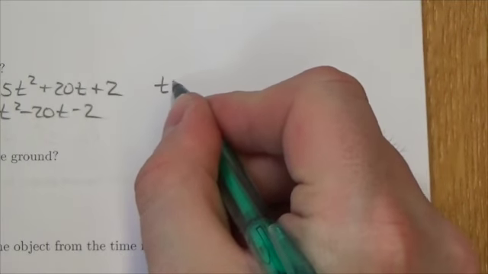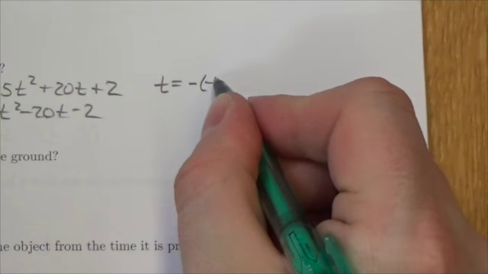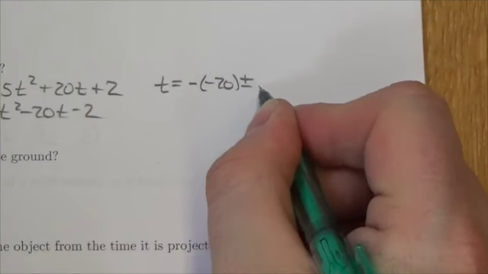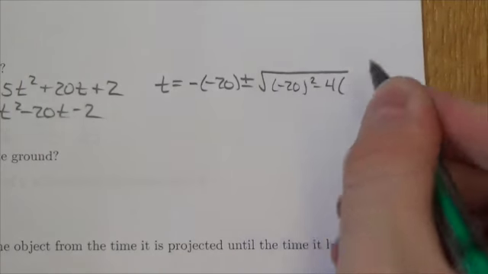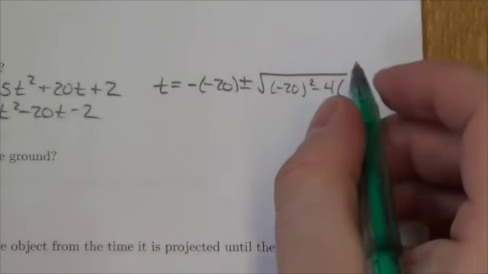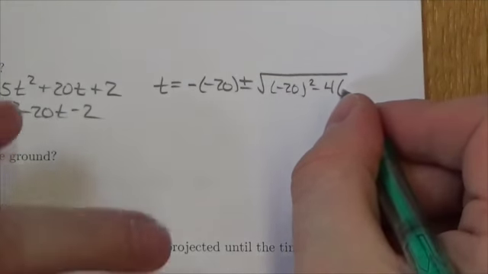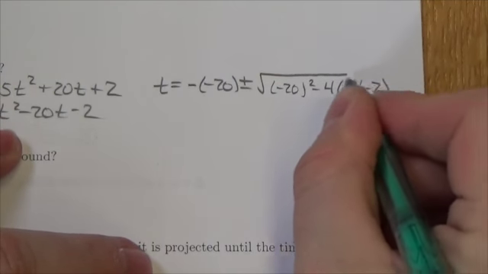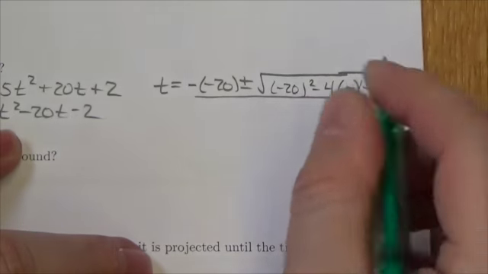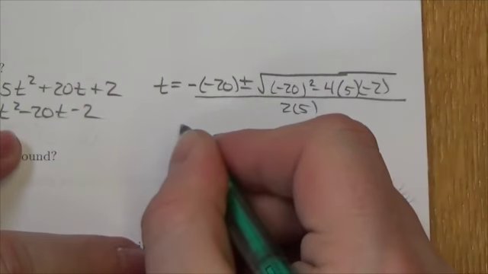So that means the time is going to equal negative of negative 20 plus or minus the square root of negative 20 squared minus 4 times 5 times negative 2, all over 2 times 5.